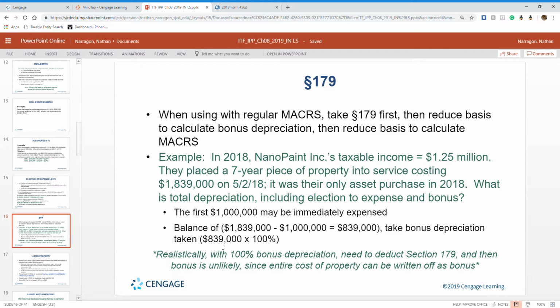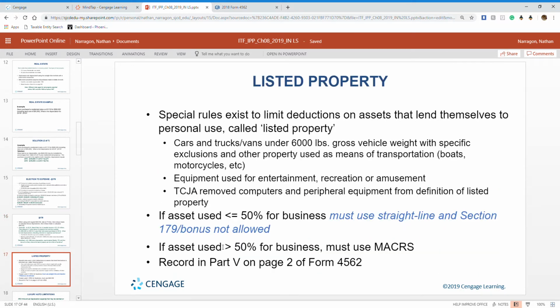The IRS does not like always to be that friendly. And they have something that they call listed property. And this listed property is property that can basically also be used for personal use. Meaning it's not completely business use.